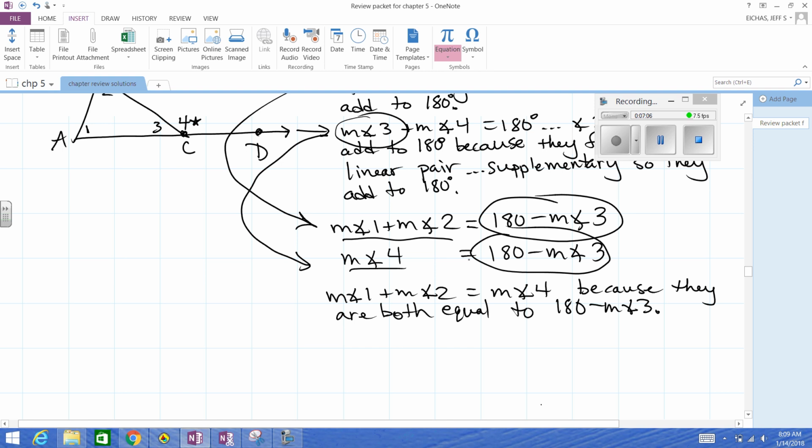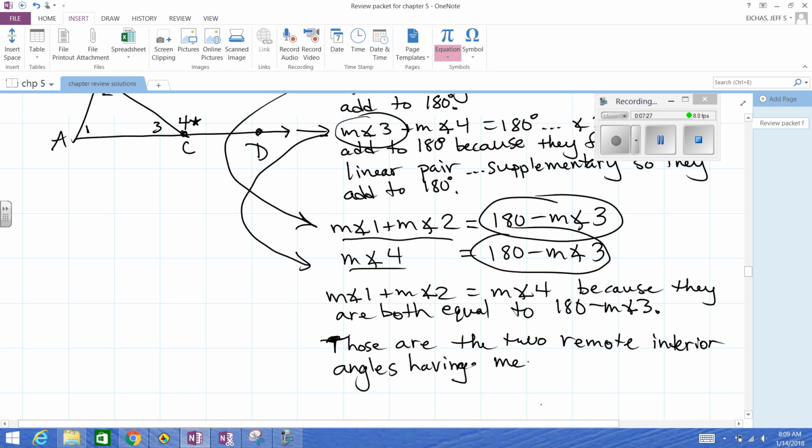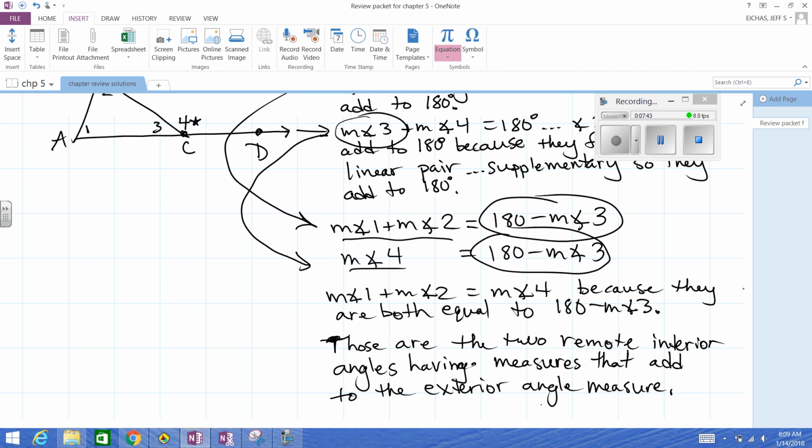Okay, so those are the two remote interior angles having measures that add to the exterior angle measure. Okay, so that's that one.